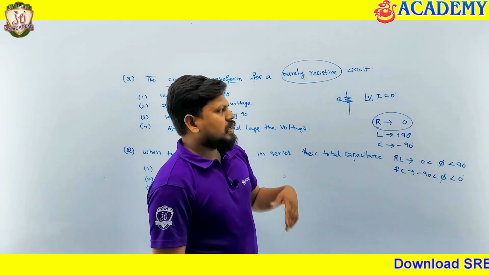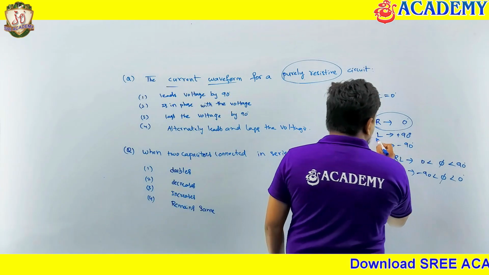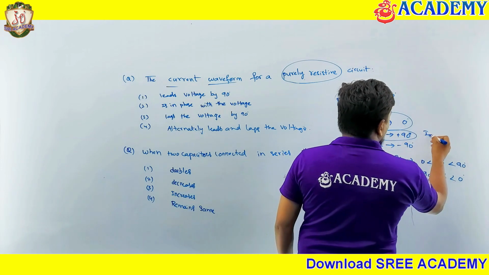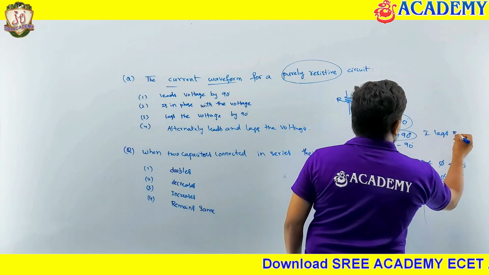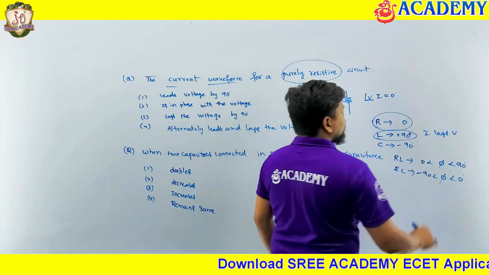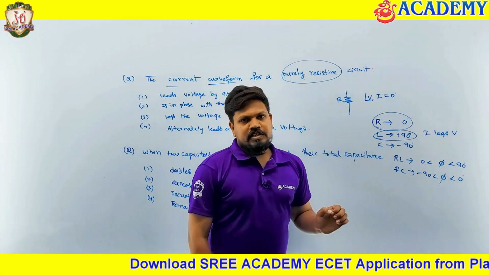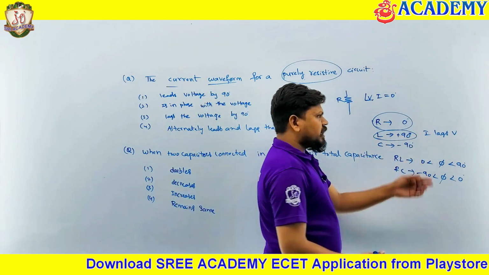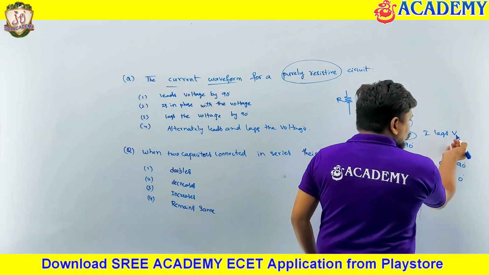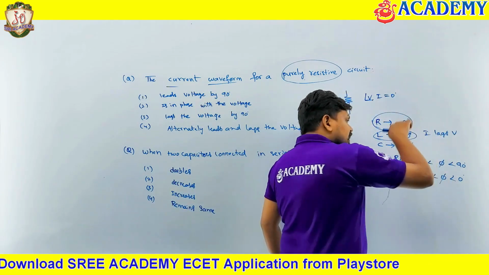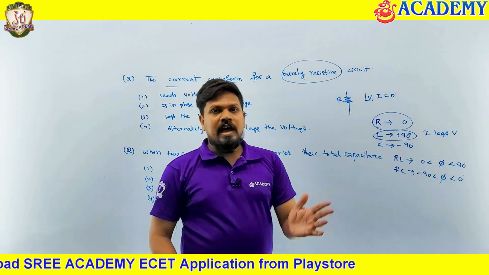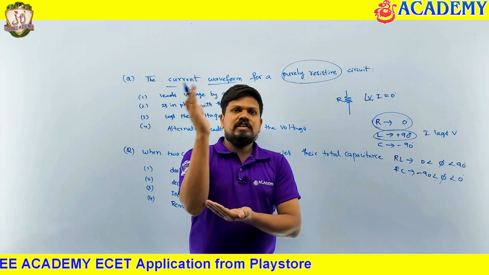Whenever an inductor is there, current lags voltage by 90 degree. Understanding, right? Current lags the voltage means voltage leads current. Lagging, leading means advance.